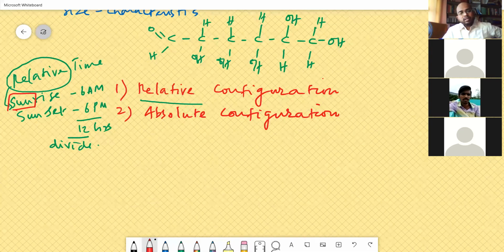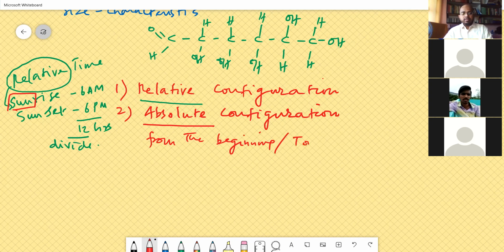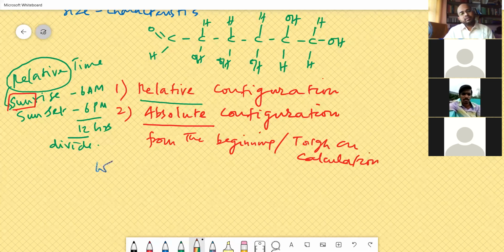But the absolute one is something which is from the beginning. From the beginning, we aren't going to measure it, but it's a bit tough on calculation. For example, when the universe started, some billion years ago it started.